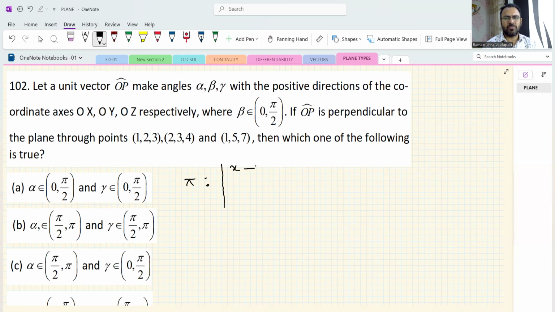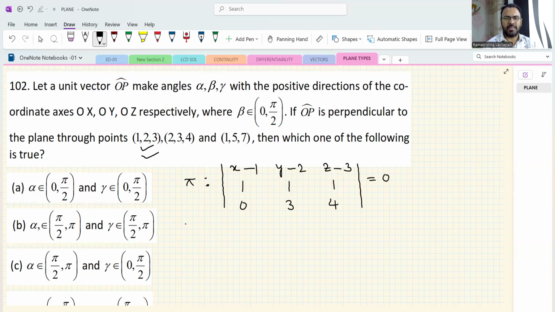So x minus 1, I'm just taking the first coordinates as x1, y1, z1. First point. Y minus 2, z minus 3, 2 minus 1, 1, 3 minus 2, 1, 4 minus 3, 1. Right? C minus A, 0, 3, and 4 equal to 0.